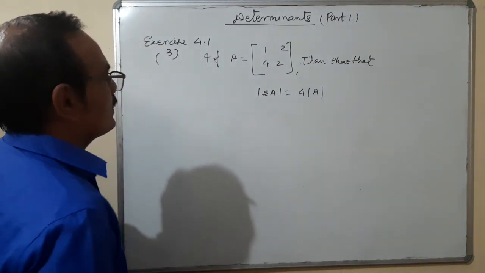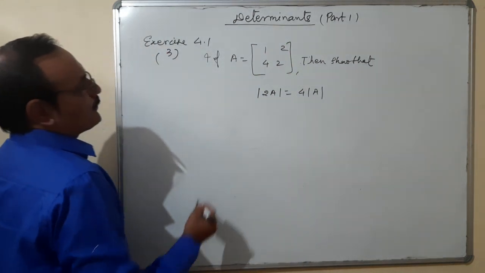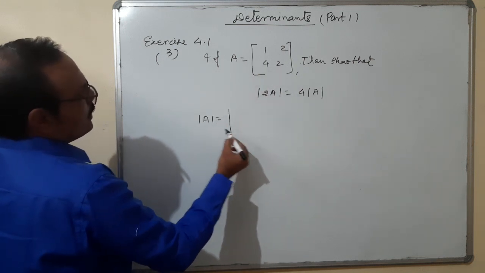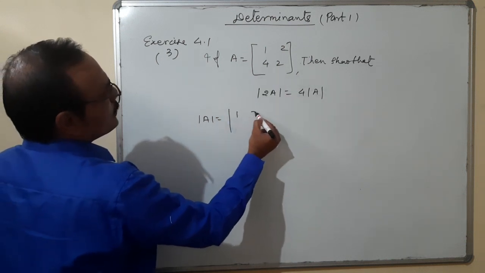What is the relation? Determinant value of 2A. Determinant value of A is equal to the determinant with rows 1, 2 and 4, 2.